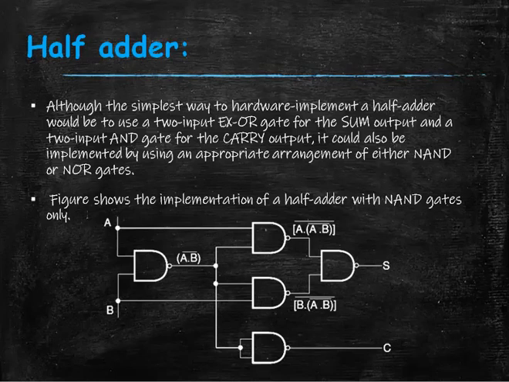One limitation of half adder is that it can add only 2 bits. Using a half adder we can add 2 bits only. If we have to add more bits, we can't use half adder.